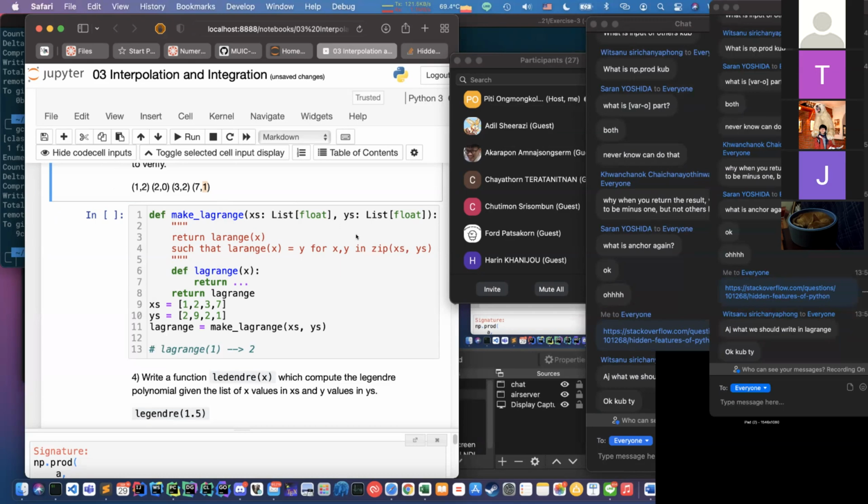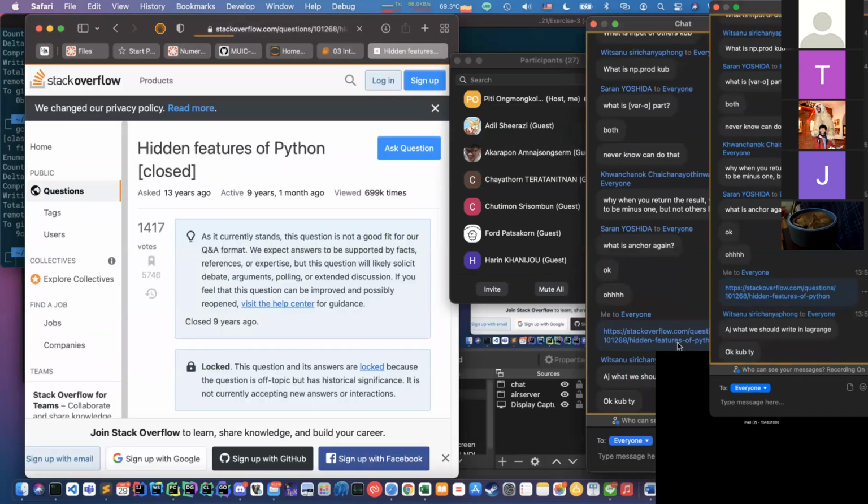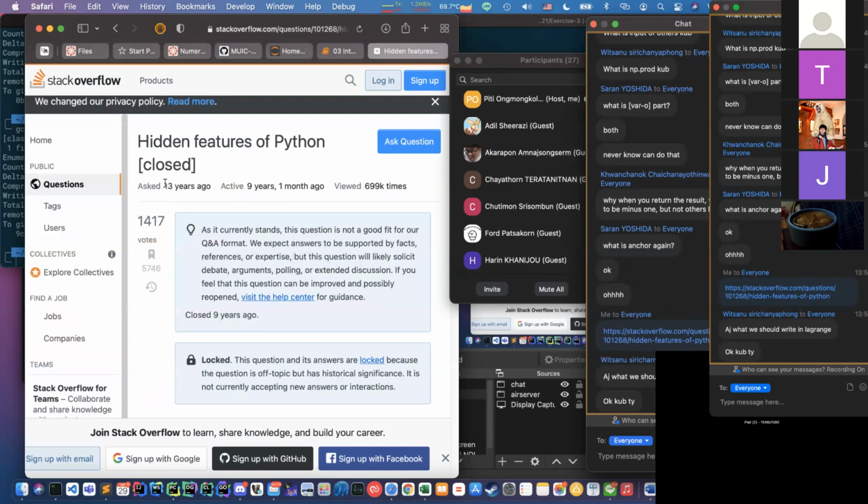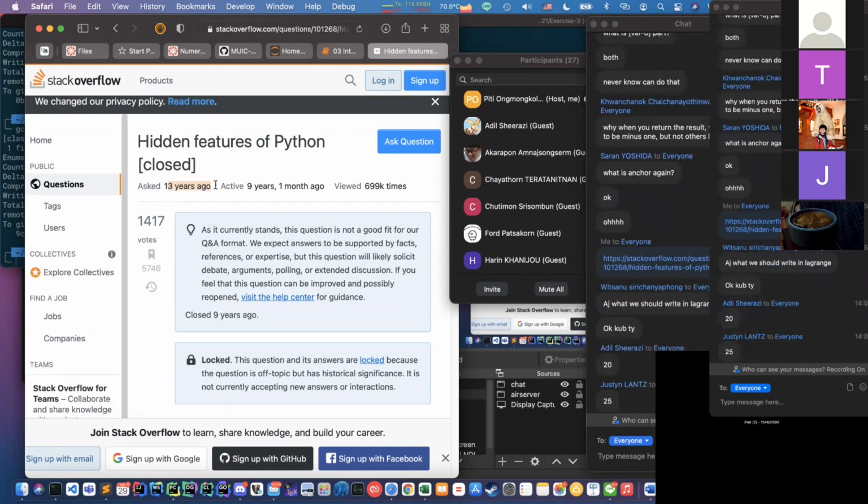If you have time, read this. Then you're going to see a lot of weird things Python can do. Look at the thread. It's 13 years ago. How old are you guys? You guys are like 17, 18, 19, 20, right? So this was asked 13 years ago.